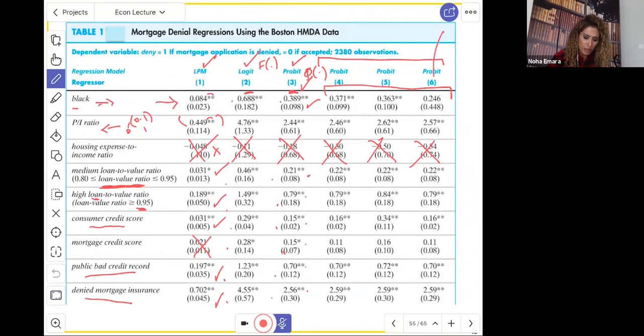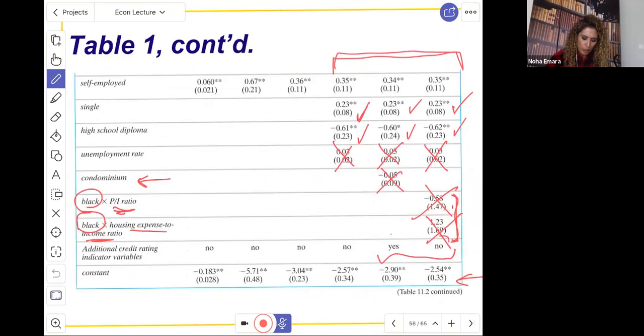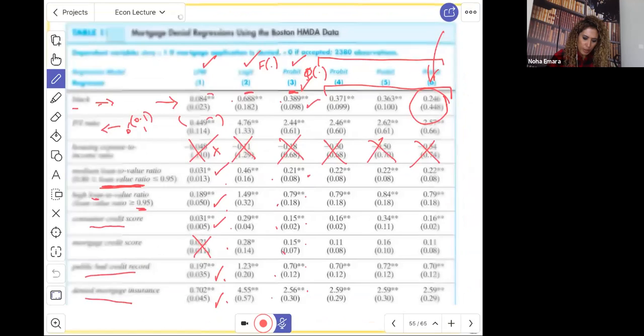As you can see, rates turn out to be statistically insignificant when you removed the additional rating indicators. So that means you really need to have your additional rating indicators right here so that you can have the best model.